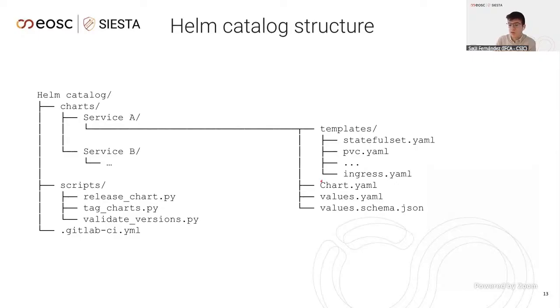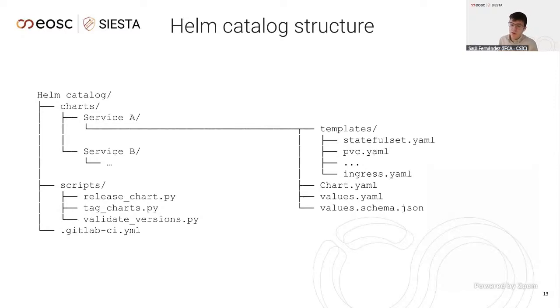Then we have the chart.yaml file that contains basically the name of the service, the version, the dependencies, the description, etc. And then the values.yaml file that contains the default values that are going to be used when deploying this concrete service. These values are going to be used to render those templates and to form the final Kubernetes service.